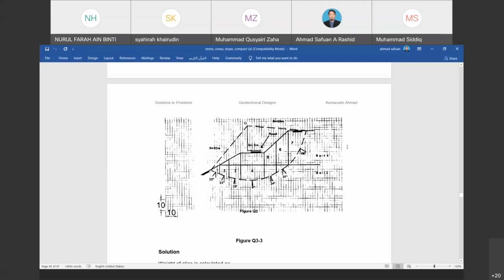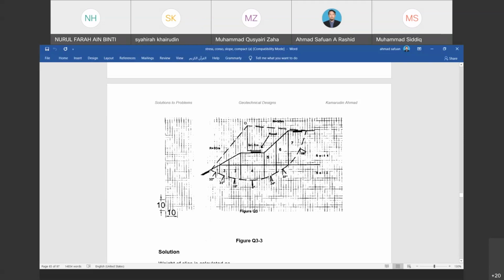Or, for example, if we have a groundwater level, the soil below the groundwater level has different cohesion or phi, so we need to consider one type of soil to represent the slip surface for each slice. In this example, do you notice slice number 6 and slice number 7?